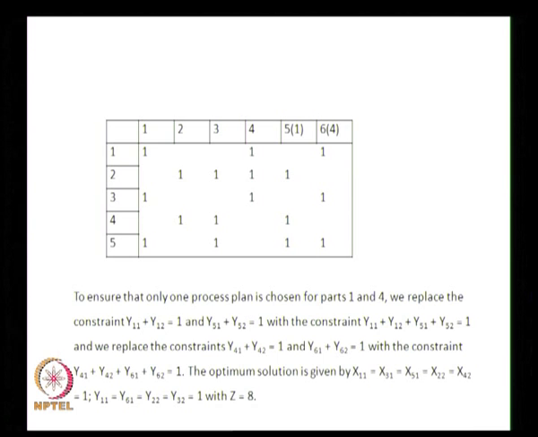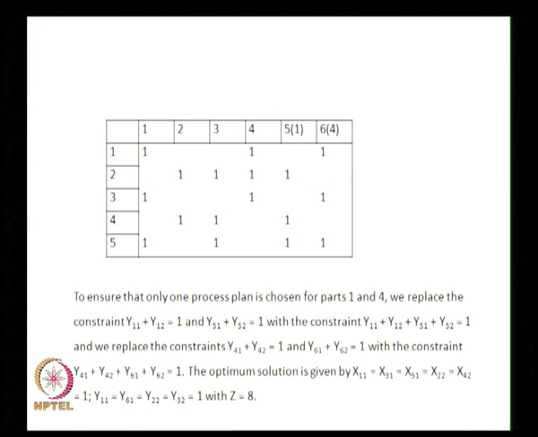Machine 1 does 1, 4 and 6. Actually 4 and 6 are alternatives, so 4 should not be looked at. So, it does 1 and 6, so machine 1 will go here. Machine 2 does 2, 3, 4 and 5.